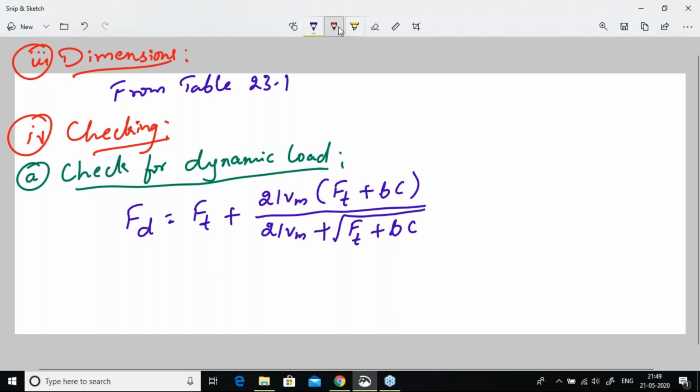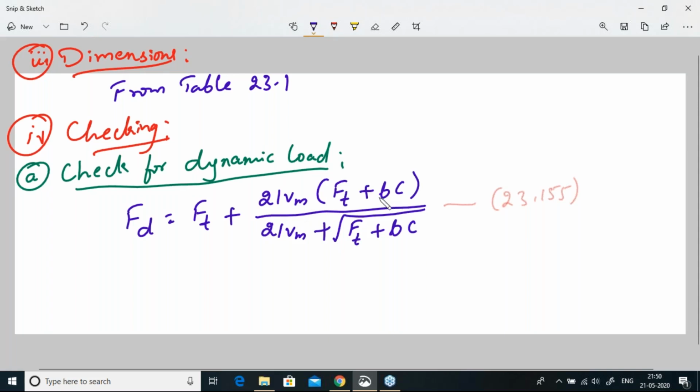So this is equation number 23.155. Here this Ft is nothing but tangential tooth load. So at second main step, C part, whatever Ft we have used, that we have to substitute here. Vm is nothing but mean pitch velocity. When LHS becomes more than or equal to RHS, at that time whatever Vm calculated, that value you have to substitute.